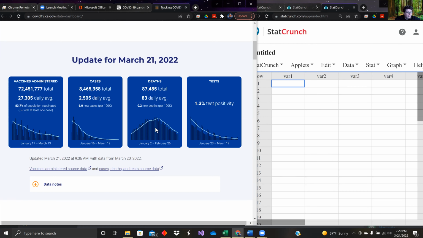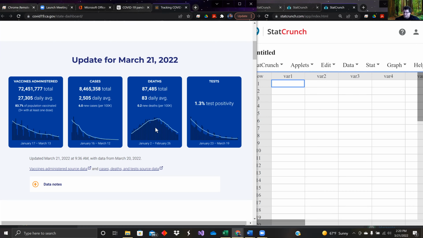When we do proportions, remember, we do successes over total. And if we consider death a success, that's some dark stuff right there, right? That's pretty dark.